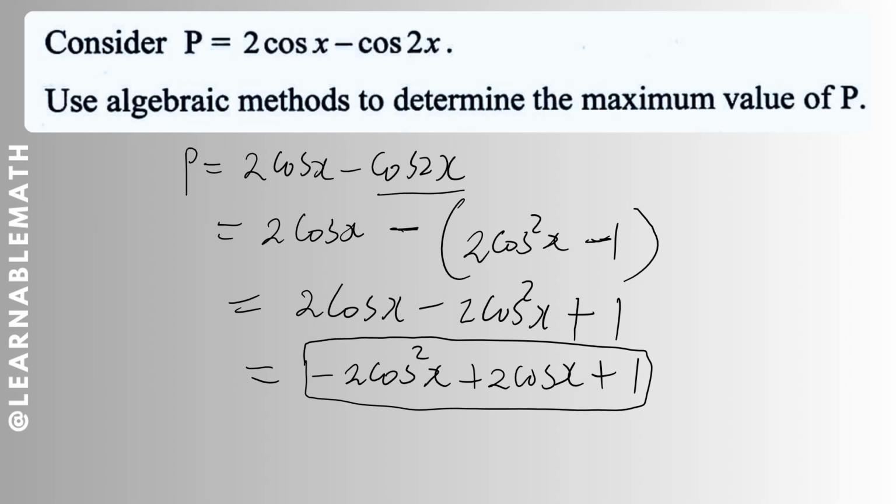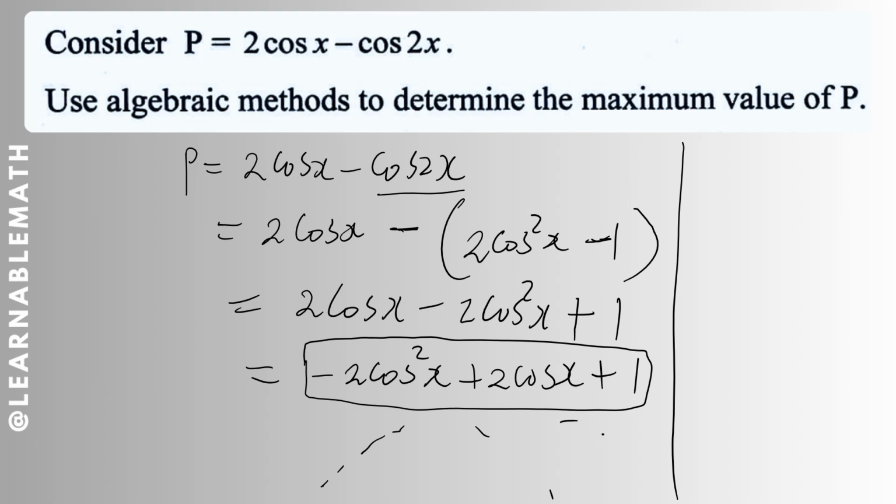Then we can now use how to get the turning point of the quadratic equation, where the maximum is actually at the turning point. So we need to know how to get the x coordinate at the turning point. There's a formula.